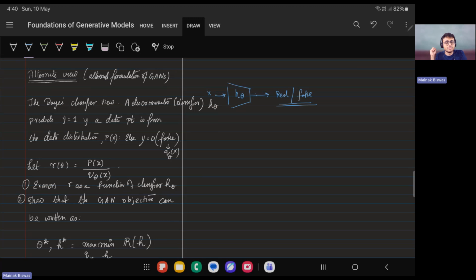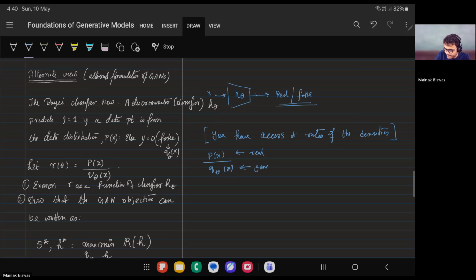And say you have access to the ratio of the densities, that is px by q theta of x, the real versus generated densities.